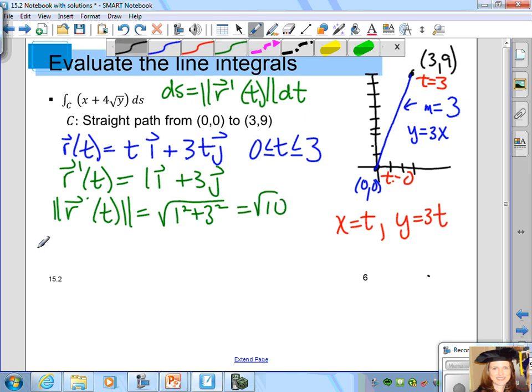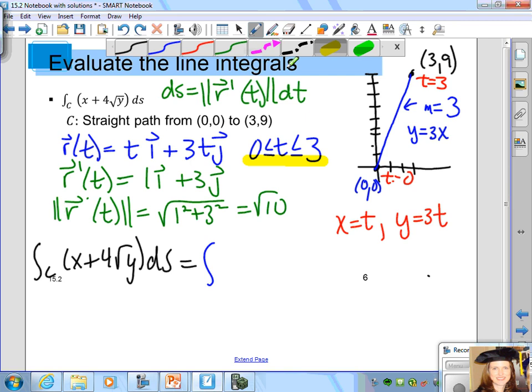Okay, so now the line integral of x plus 4 square root of y ds can be written by making the substitutions. It's going to be the definite integral using the bounds of integration from the time interval for the path, from 0 to 3. We're going to replace the x with what x equals on the path, and they are going to be the same.